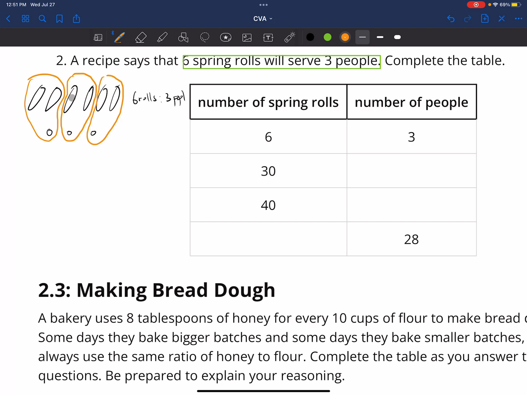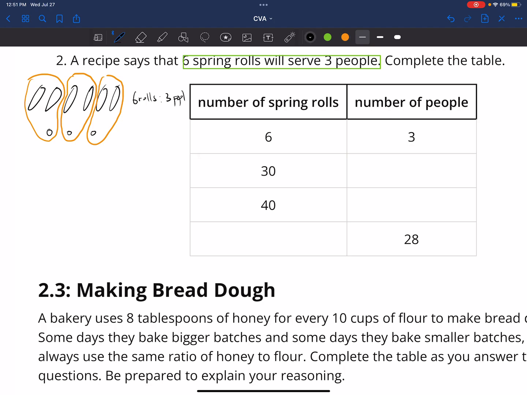So that kind of looks like 3 faces, right? Doesn't this look like a face? It kind of looks like scary faces. Anyways, this means that I got 2 rolls per 1 person, which makes sense.